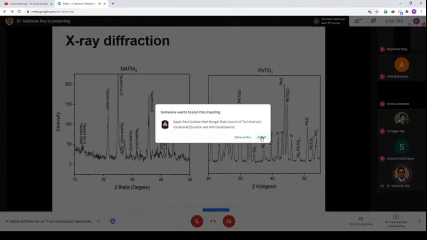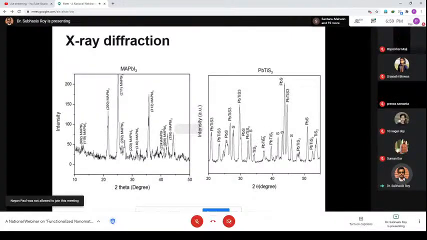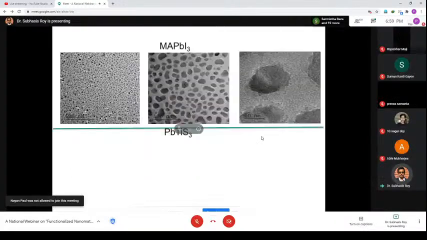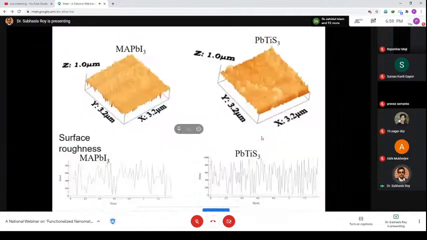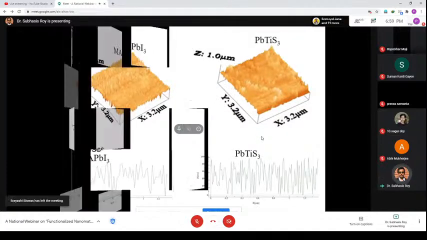Then we checked the crystal structure size, which is at nanoscale level. This is the SEM analysis of the surface of these two materials, showing 10 to 20 nanometers uniformly distributed in the matrix. Then we did the AFM analysis, where the surface roughness is uniform everywhere.